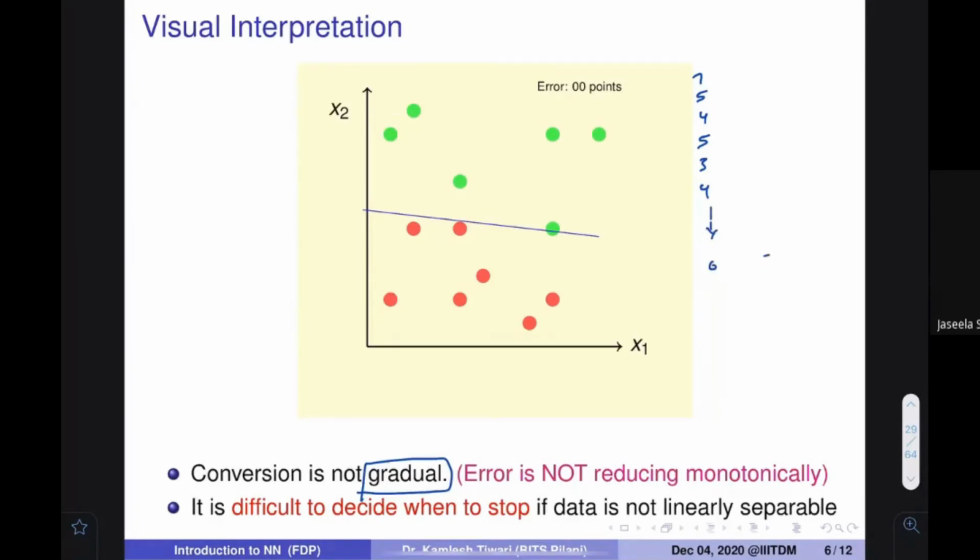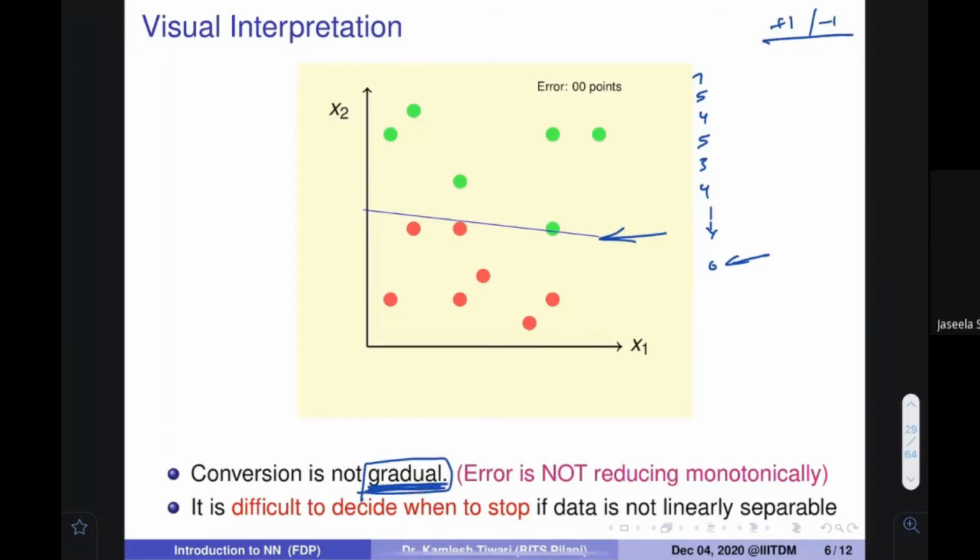When it becomes 0, I can stop. So why is it changing? Because the values are -1 and +1, and there is a lot of difference in that. So one biggest problem with this kind of algorithm is that, although it can give me the right decision boundary, this decision boundary is not gradual.